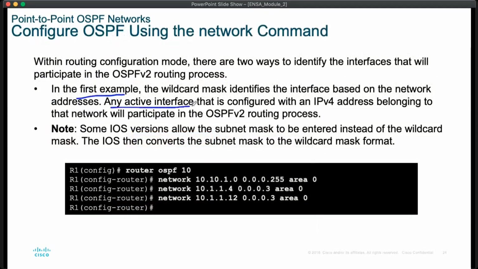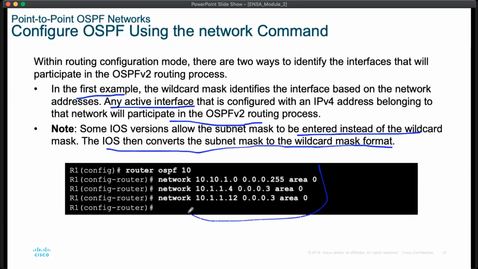Any active interface that is configured with an IPv4 address belonging to the network will participate in the OSPF version 2 routing process. Note: some IOS versions allow the subnet mask to be entered instead of the wildcard mask. The IOS then converts the subnet mask to the wildcard mask format. Okay, this is the example.